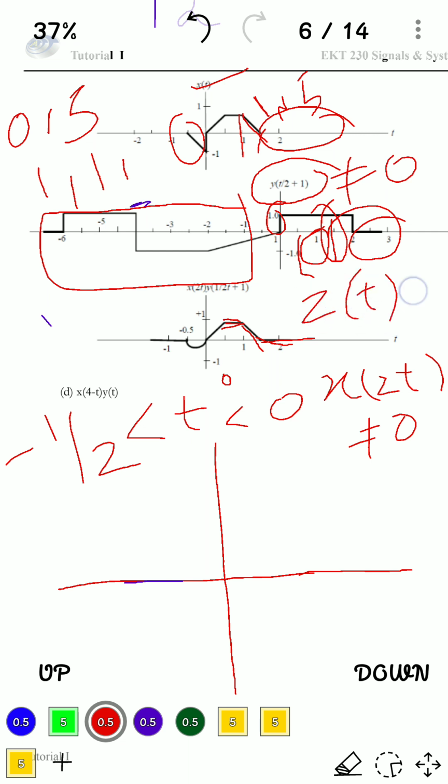So z of t is also not equal to 0. I already told you, right? So you are going to get a signal like this.